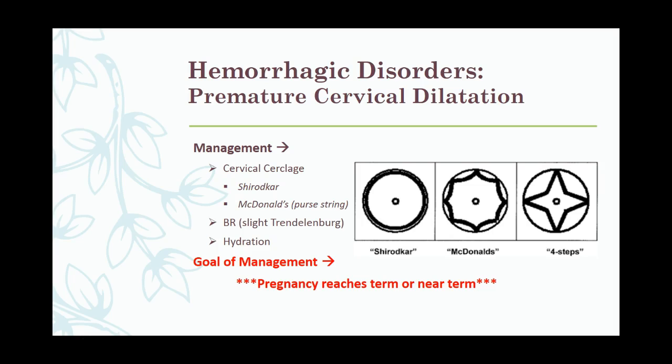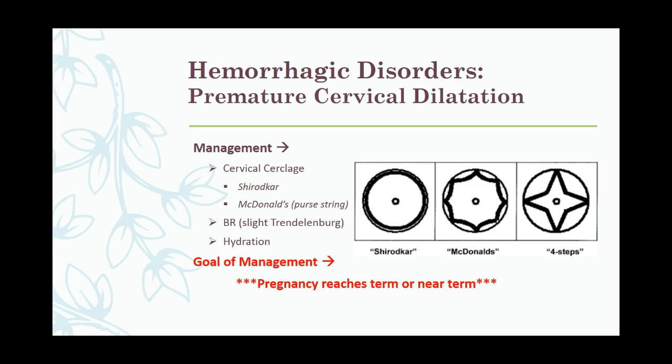There are different ways to do this, but basically it's a surgical procedure where the obstetrician goes in and puts a suture in the cervix, and that helps to tighten the cervix up and not allow it to dilate or open up.